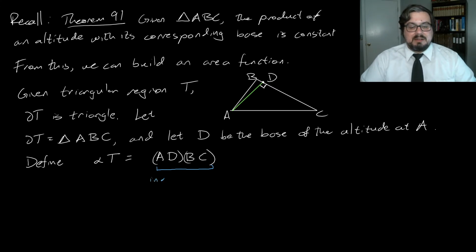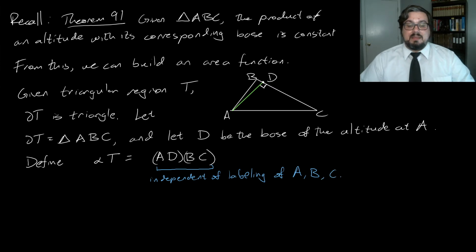This number here is independent of the labeling of A, B, and C. And so in fact, this is a well-defined number given just the triangular region T without specifying ahead of time what the vertices are or some special order for the vertices. So this means that we can associate a number to a triangular region in a well-defined way.